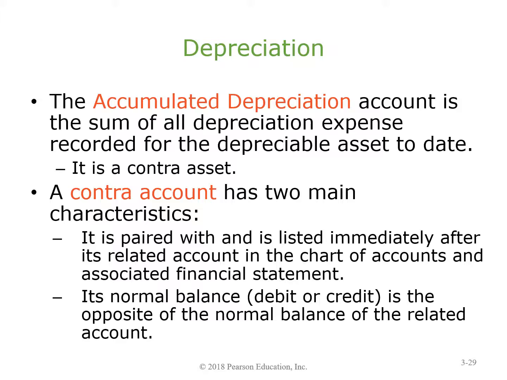So accumulated depreciation is what we call a contra asset account. What that means is it's an asset, but it works the opposite of an asset. The word contra just means against. In other words, it goes against the equipment.